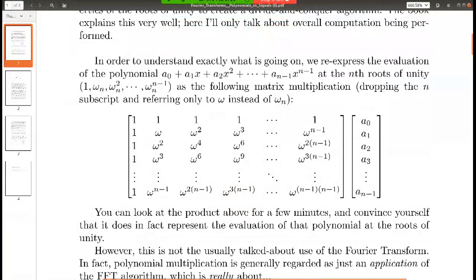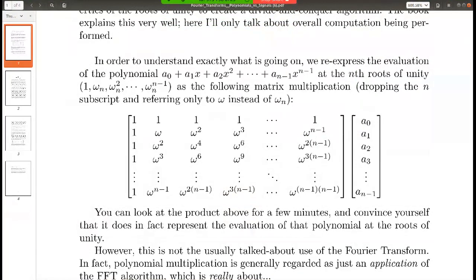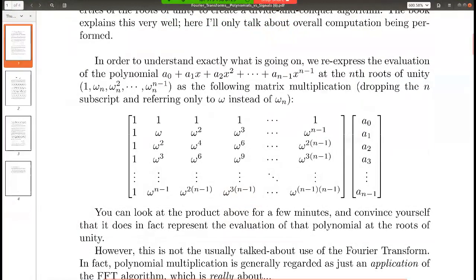This is the matrix multiplication view of the discrete Fourier transform. This thing here is called the DFT matrix. And when you multiply it by this vector of coefficients here, you take the vector, you turn it on its side, you do the dot product of every row, you will see that you have evaluated that polynomial at all of the nth roots of unity.